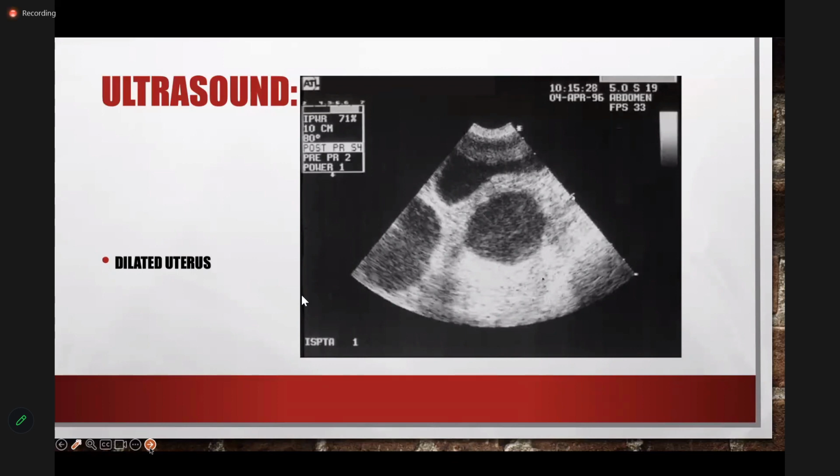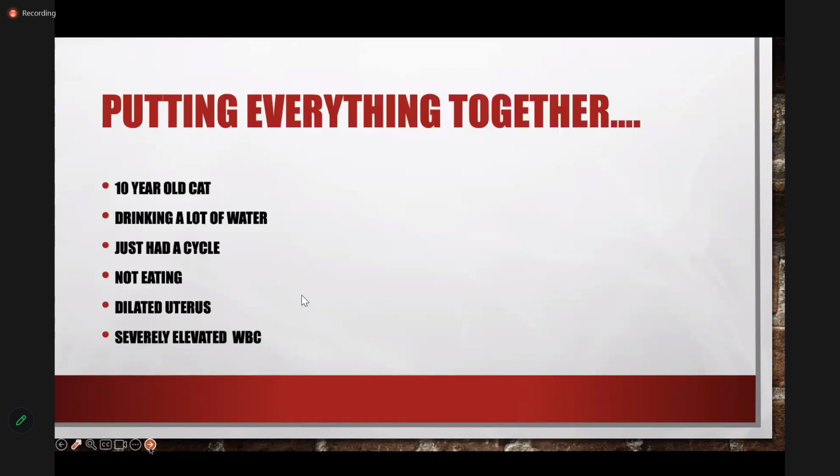So you gathered everything together: a 10-year-old cat drinking a lot of water, just had a cycle 4 to 6 weeks ago, not eating, with a dilated uterus and elevated white blood cells. What do you think is the problem? Any guess?